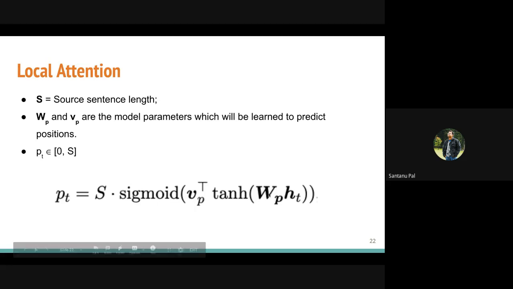All the weights are set during the training process, so that after some epochs, it will provide the position of the predictive alignment token.